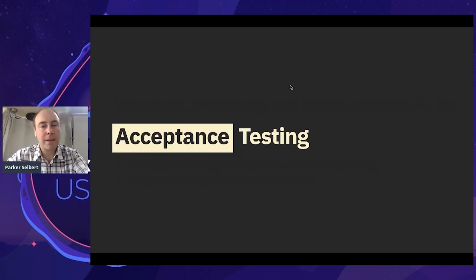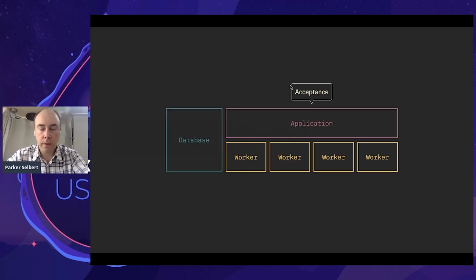And that leads us to acceptance testing. For acceptance testing, now we're dealing with an entire application and the database and the workers, everything all together. And we really care that there's a flow of information from the application into the database, and then Oban's able to pull those things out, turn those jobs back into a worker argument, a worker module, pass everything through, and execute it.